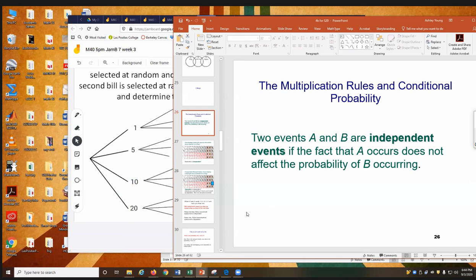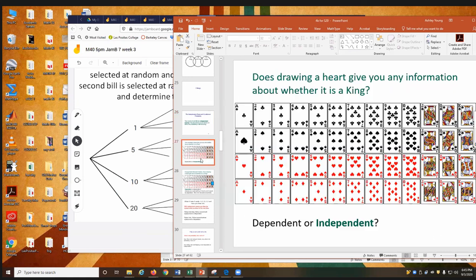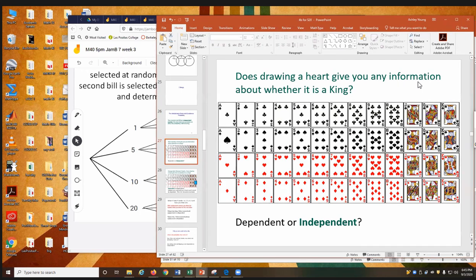All right, so now we're going to talk about multiplication rules and conditional probability. Two events A and B are independent events if the fact that A occurs does not affect the probability of B occurring. In other words, you know that A has happened. Does that affect the probability of B happening? Here's an example.